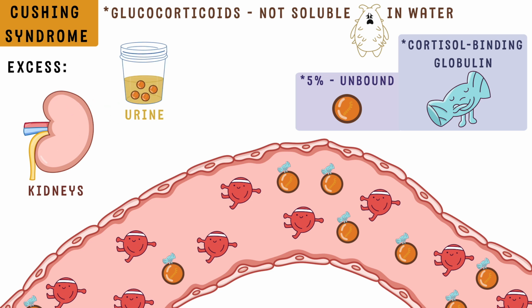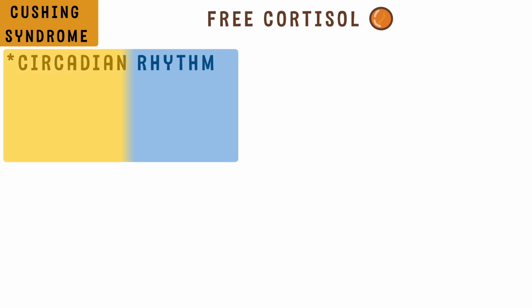Free cortisol in the blood is involved in a number of things, and it's a part of the circadian rhythm. Cortisol levels peak in the morning, when the body knows we need to get up and go, and then drop in the evening, when we are preparing for sleep.